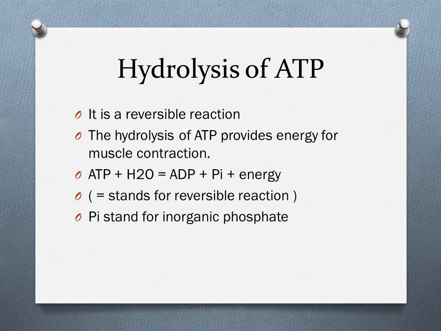First of all, for every process of the body, normal metabolism of the body, hydrolysis of ATP occurs. Hydrolysis of ATP is a reversible reaction. It provides energy for the muscle contraction.